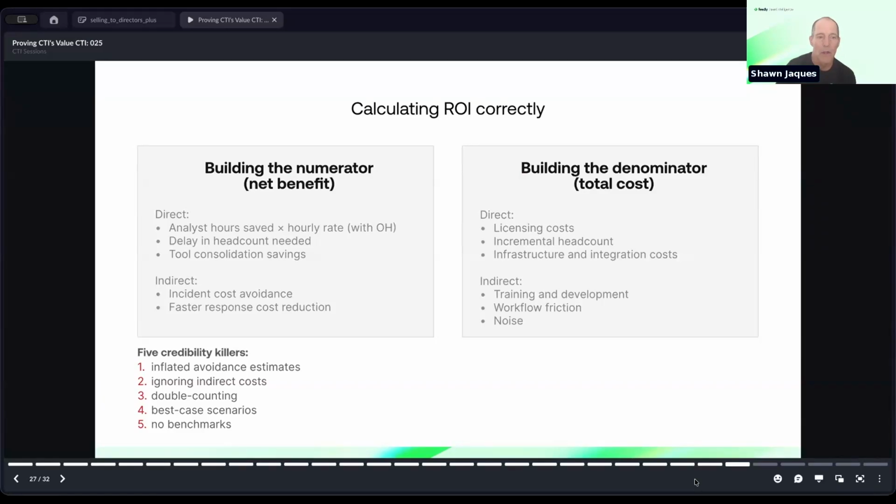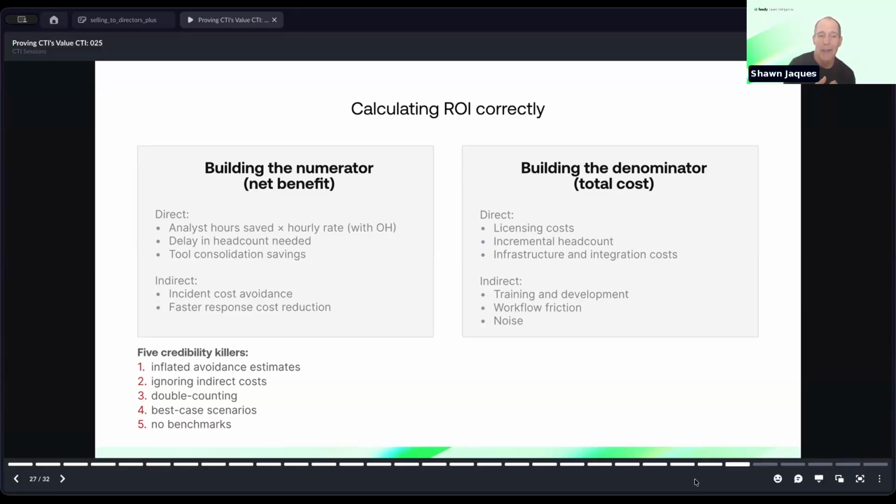So when you're thinking about that numerator, you want as many of those direct costs as possible. You also want cost avoidance, which is truly a benefit. You want to be clear on the kinds of hourly savings that you have, so you want to include overhead rates.